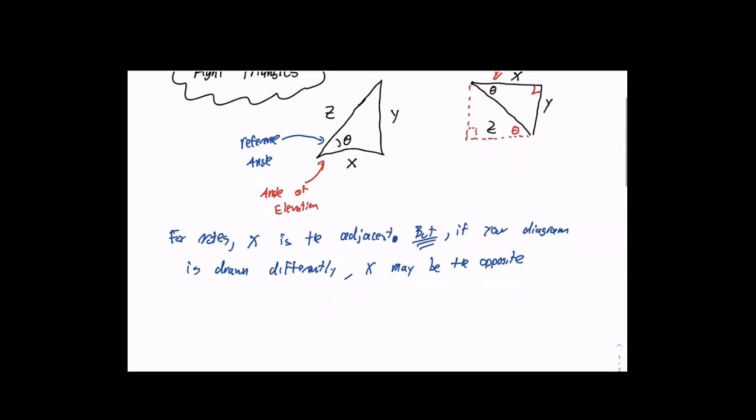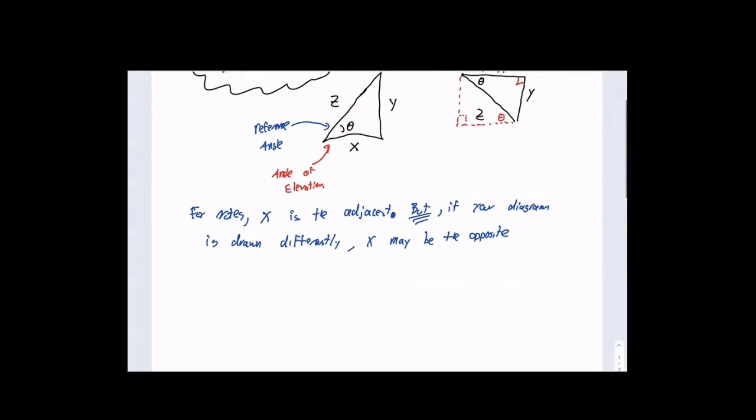So I just want to point that out. Typically when we work on these problems, we talk about angles of elevation and depression, such that we have this type of image that goes right in here.